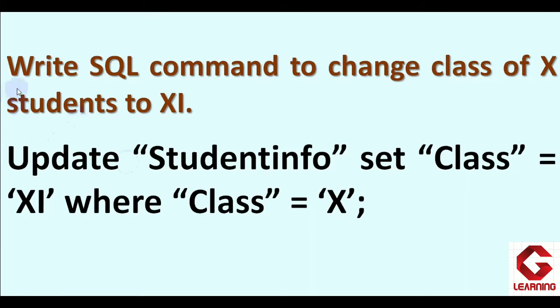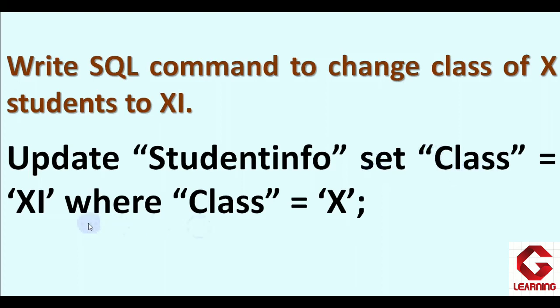Now the next task is to write an SQL command to change the class of 10th students to 11. As we are going to promote class 10th students to class 11th, for this purpose we have to write an SQL command. As we are going to change the values of cells from 10 to 11, we have to use the update command. First of all update, thereafter in double quotes student info, because this data is available in the student info table, then set, and we want the new value of the class column as 11, so class equals 11.